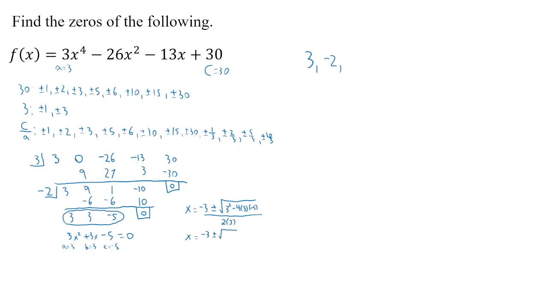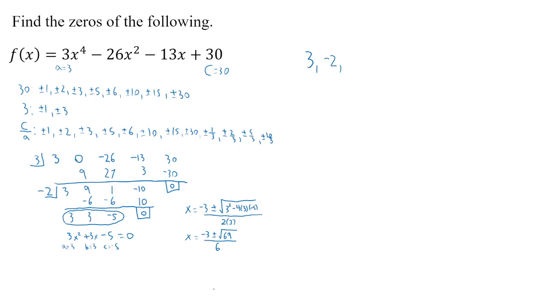All right, we're going to go ahead and find our discriminant. 3 squared minus 4 times 3 times negative 5 gives you 69. And 2 times 3 is 6.